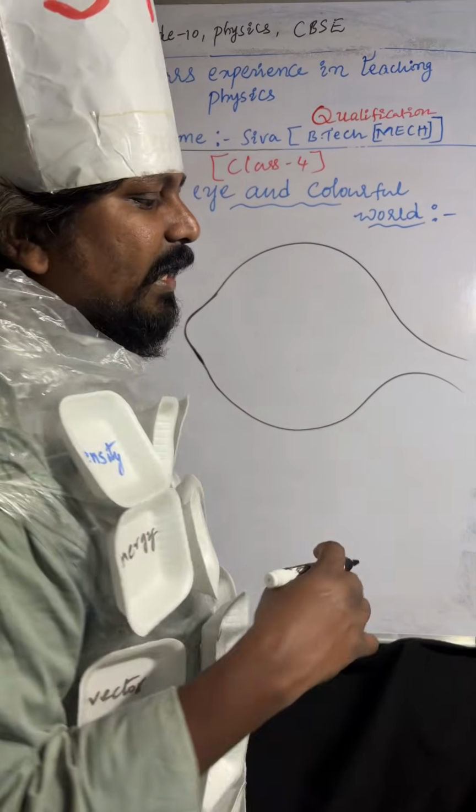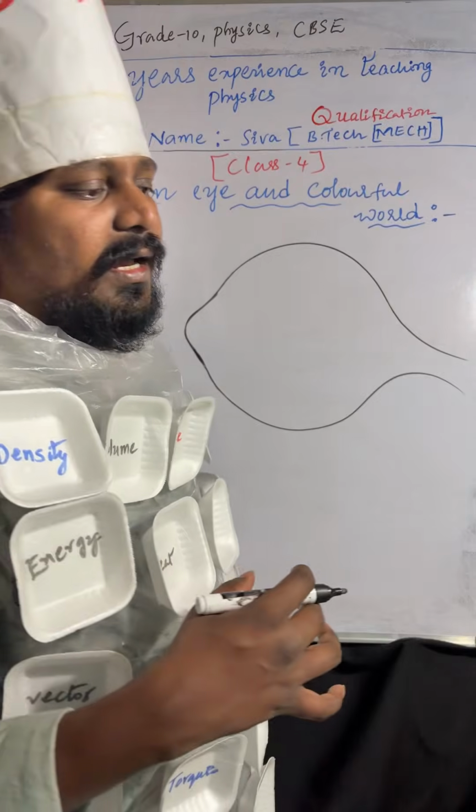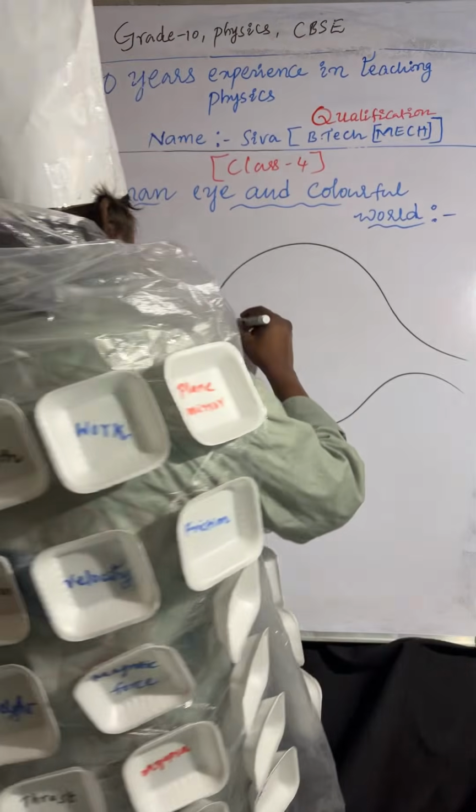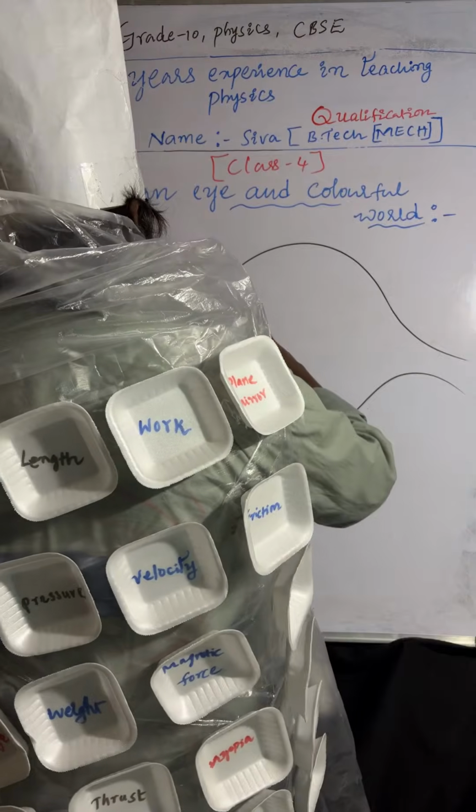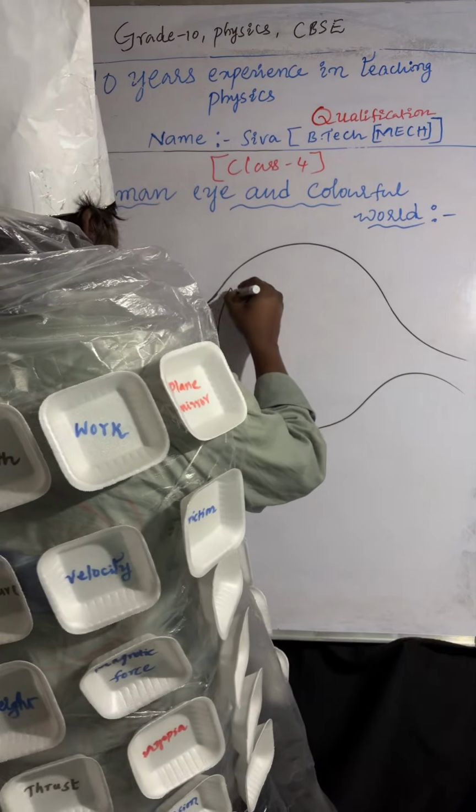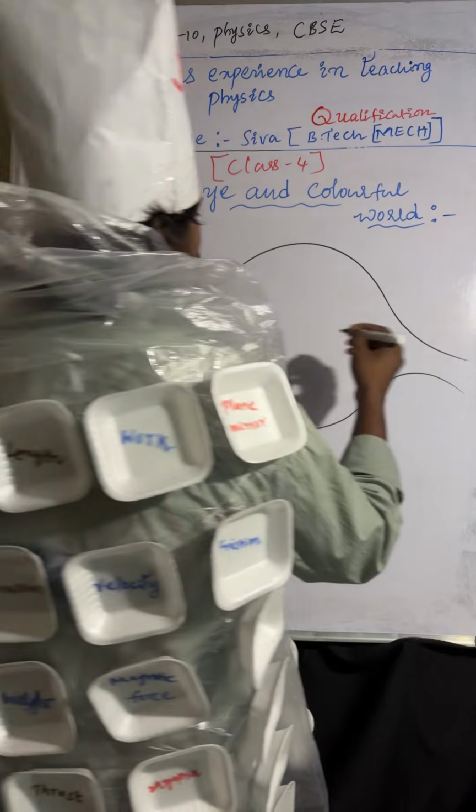This is the human eye diagram. I am taking this convex lens.